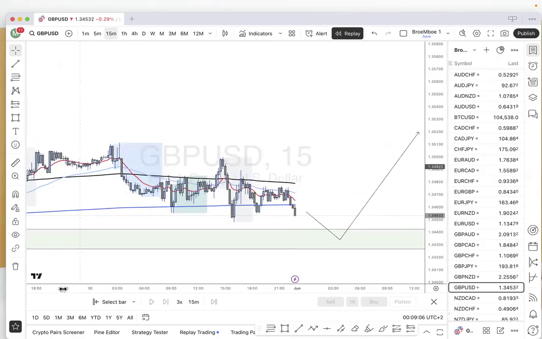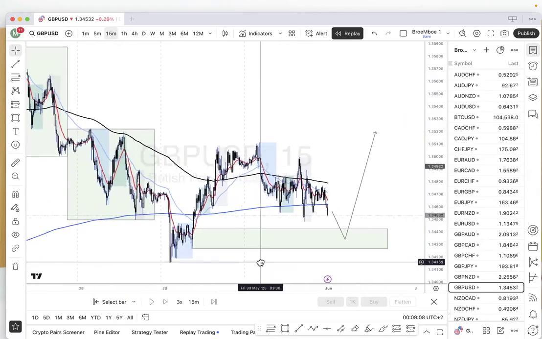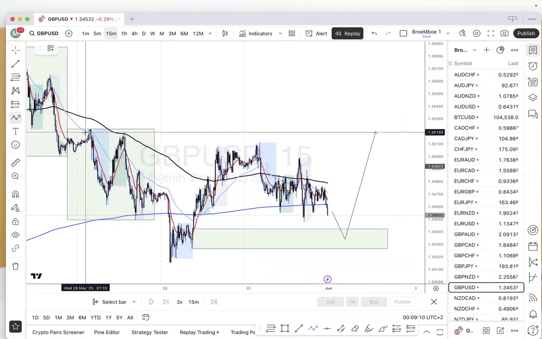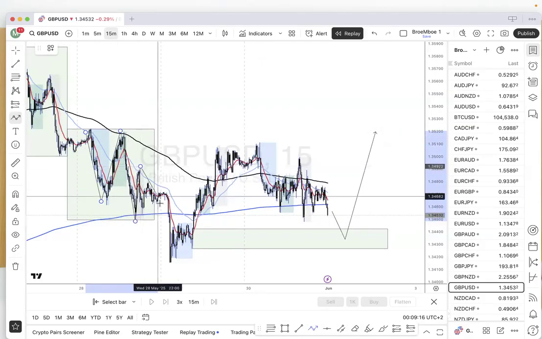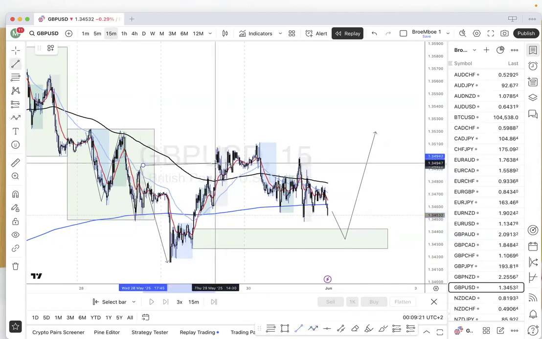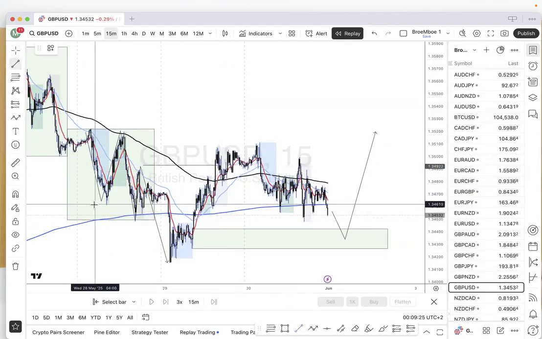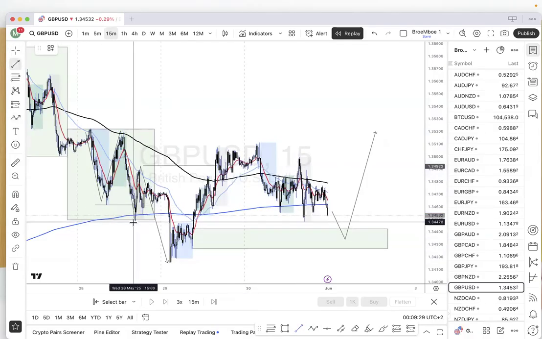If you look at 15 minutes, price did come down, price missed the high, price broke the low, price went back up, and then price came down. So they broke that high there, and the last low. So low there and the last low there.